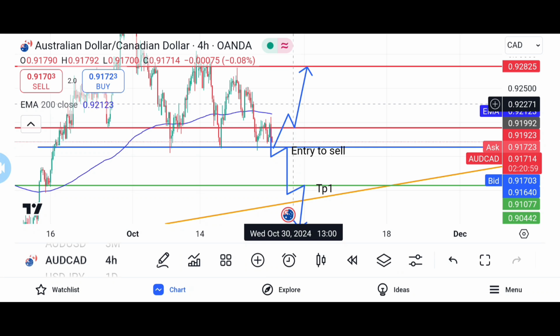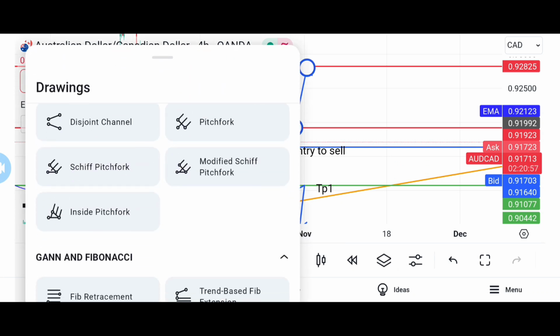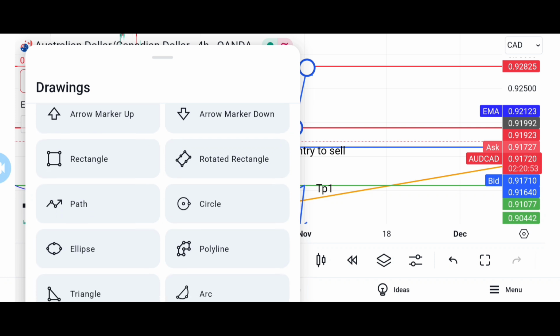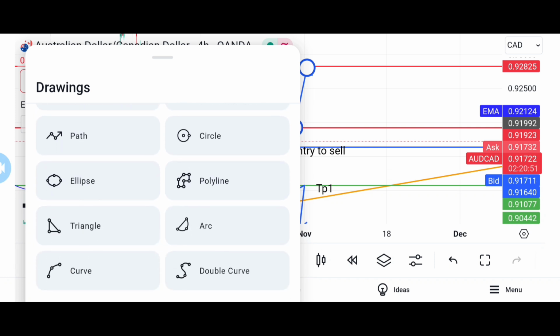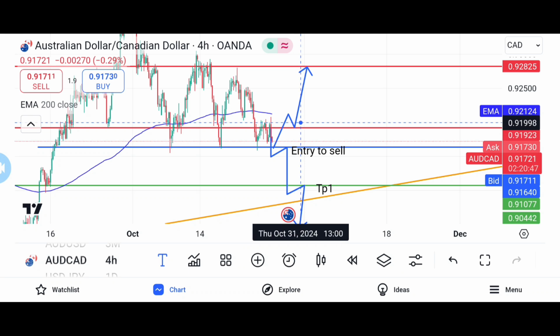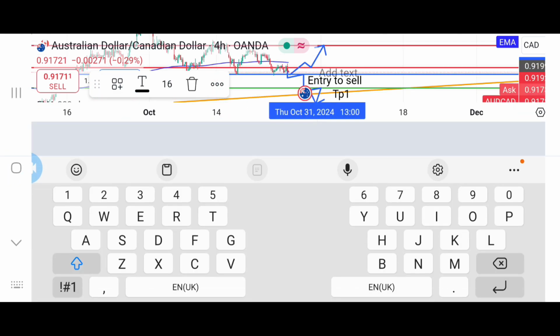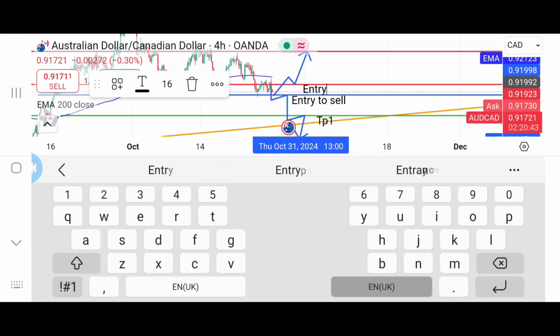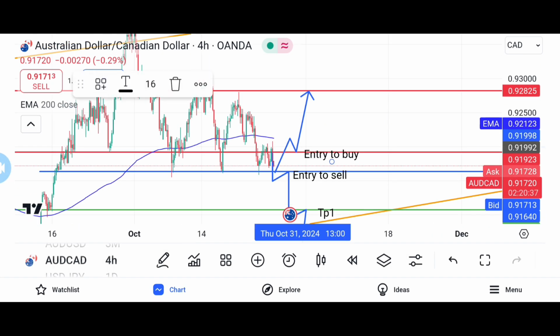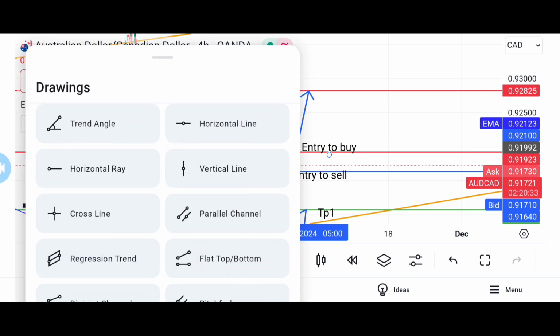So that will be our plan B. Sawa sawa. So let me write it for you. But I repeat, I am more into sales than to buy. So this will be our entry to buy, and then our TP will be here.